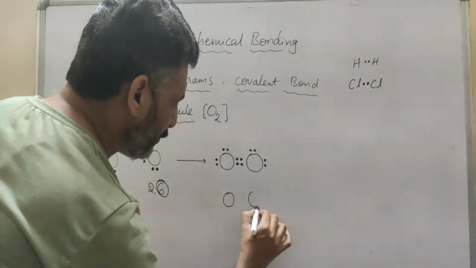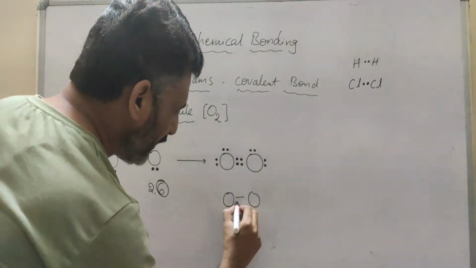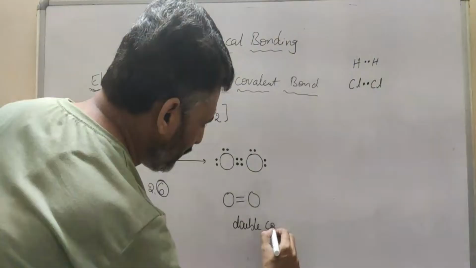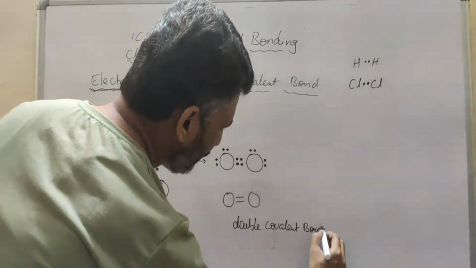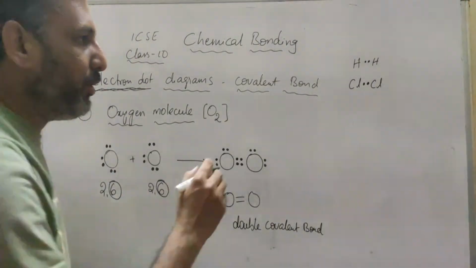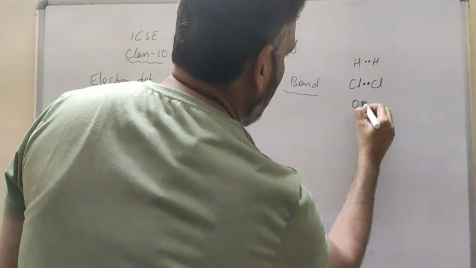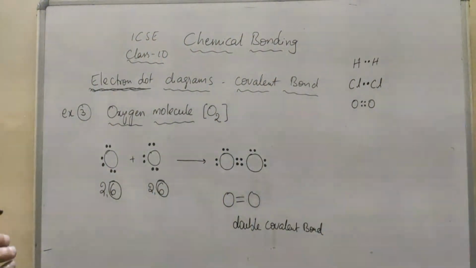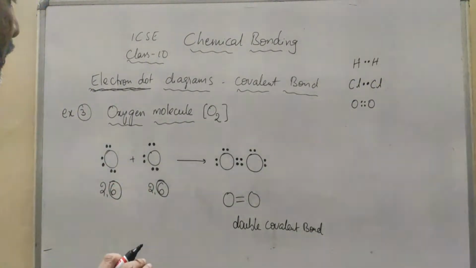So when there are 2 pairs of electrons in the bonding, we say it is a double covalent bond. So in oxygen molecule, there are 4 electrons or 2 pairs of electrons participating in the covalent bonding. So this is the electron dot diagram of oxygen molecule.